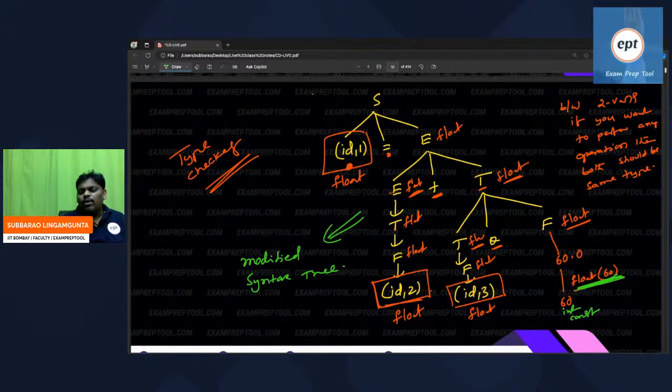Out of all these three people, who bothers about types? It is a very important question. Who will take care about types? Who will bother about type?